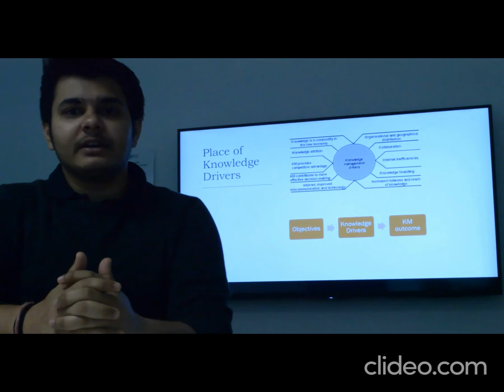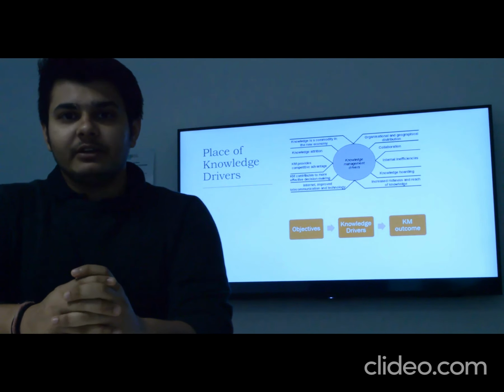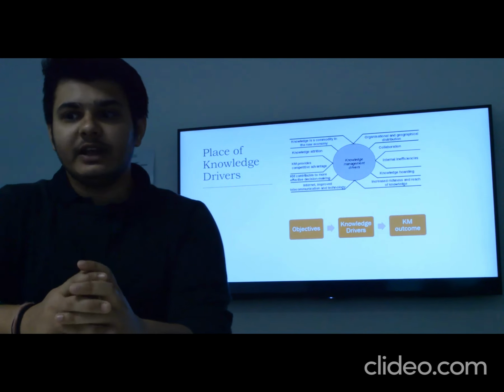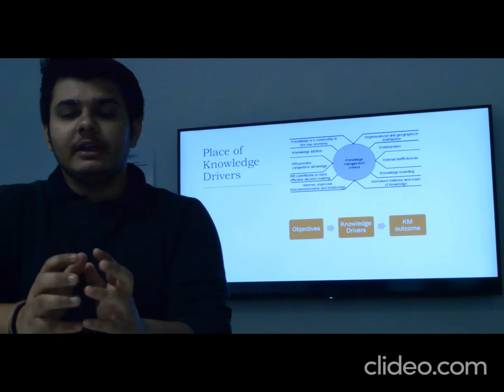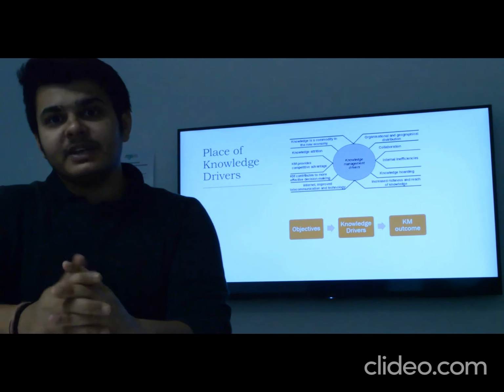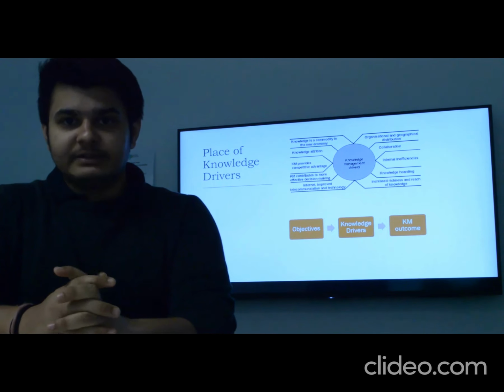Then the subject of this video is knowledge drivers. So I tried to find where they fit in the whole process. What I found is that the knowledge drivers take place in the middle, between the knowledge management process objectives and outcomes.